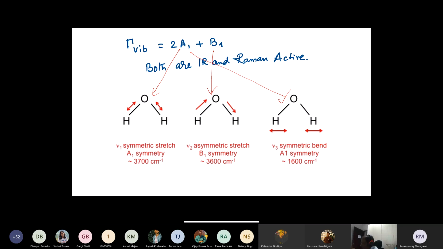But you operate this on the symmetry operations, and the x, y, z can change its position. For E, the x, y, z remains as x, y, z. For rotation, 2 of the 3 coordinates will become minus. One will remain the same. So it's minus 2 plus 1. So it will be minus 1 per atom, per unmoved atom rather.